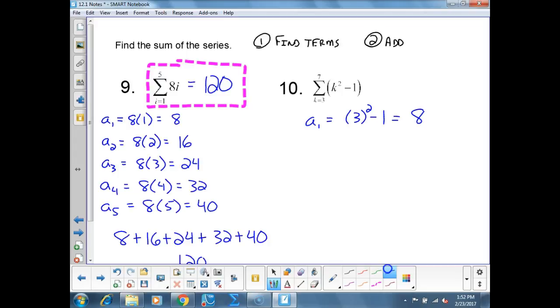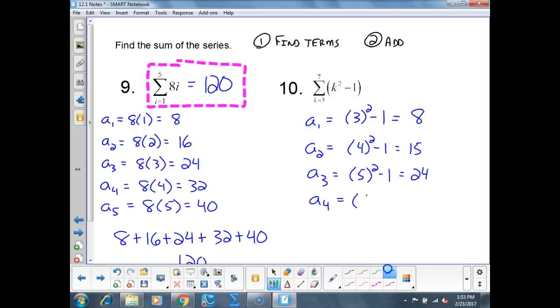Now, I will write out the rest of the terms. A sub 2 is going to be 4 squared minus 1, which is 15. A sub 3 is going to be 5 squared minus 1, that's 24. A sub 4 is going to be 6 squared minus 1, which is 35.